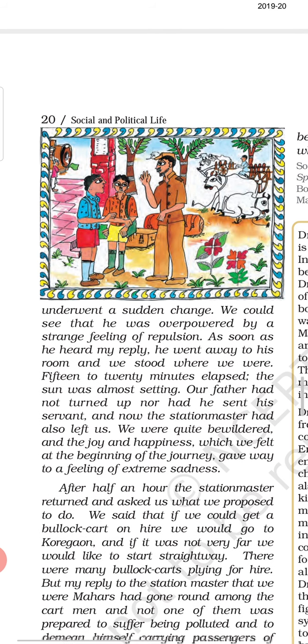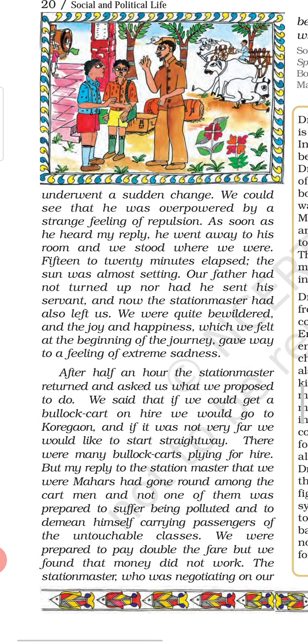After half an hour, the station master returned and asked us what we proposed to do. We said that if we could get a bullock cart on hire, we would go to Koregaon, and if it was not very far, we would like to start straight away.